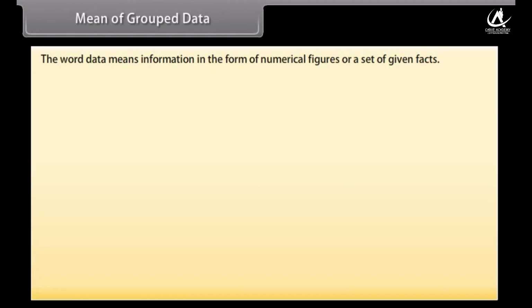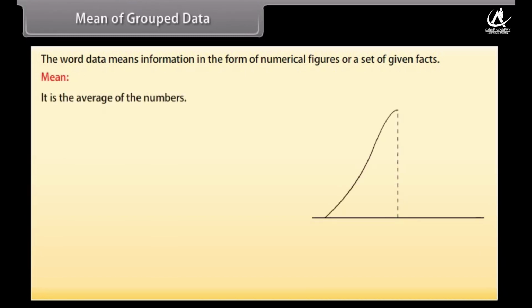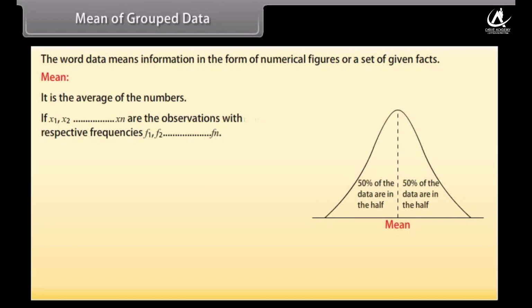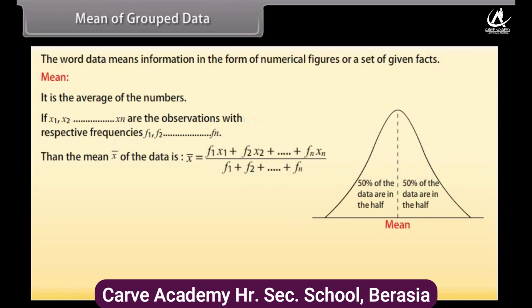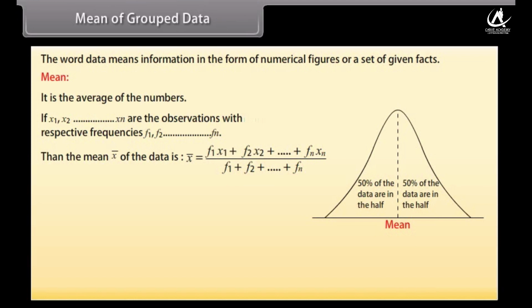Mean of grouped data. The word data means information in the form of numerical figures or a set of given facts. Mean is the average of the numbers. If x1, x2, and so on till xn are the observations with respective frequencies f1, f2, and so on till fn, then the mean x bar of the data is x bar equals (f1x1 + f2x2 + ... + fnxn) divided by (f1 + f2 + ... + fn).